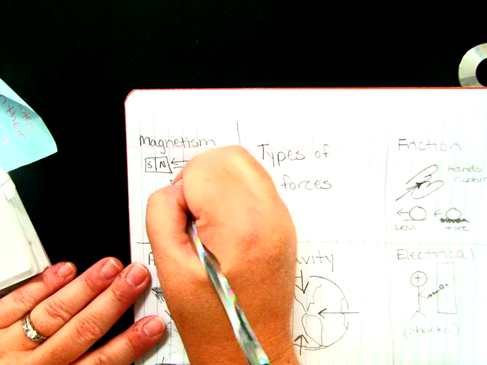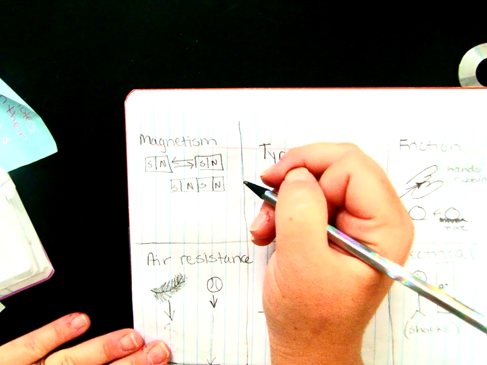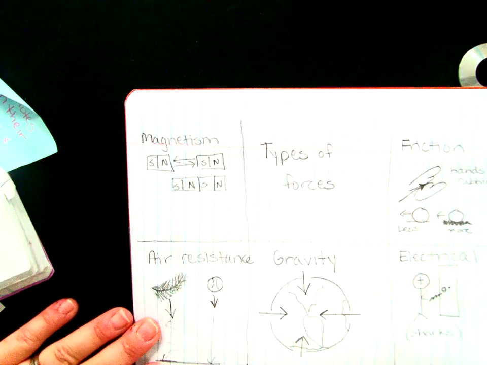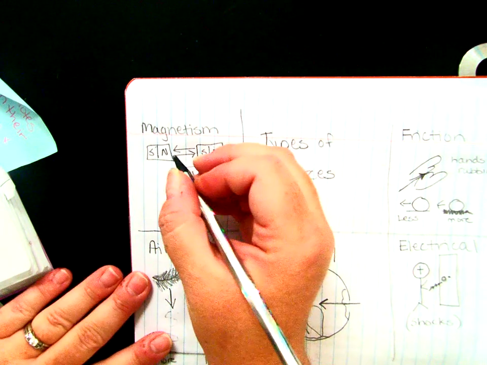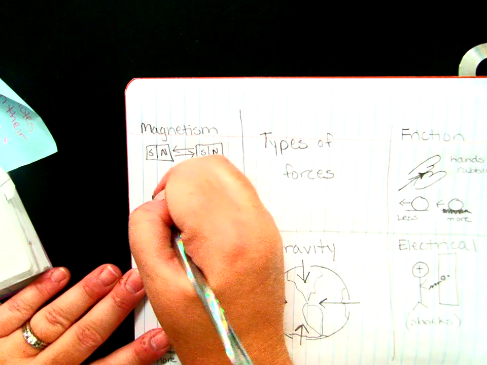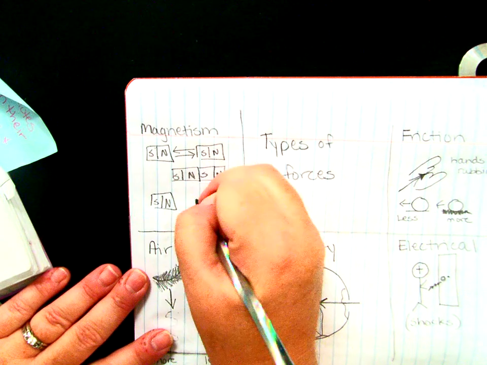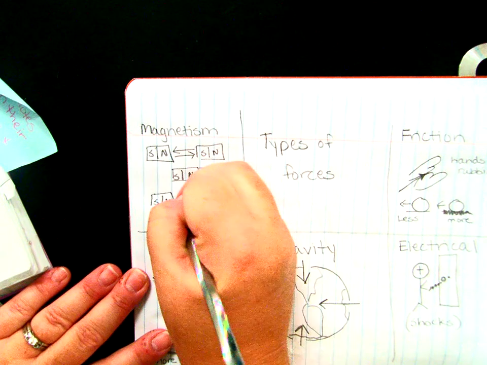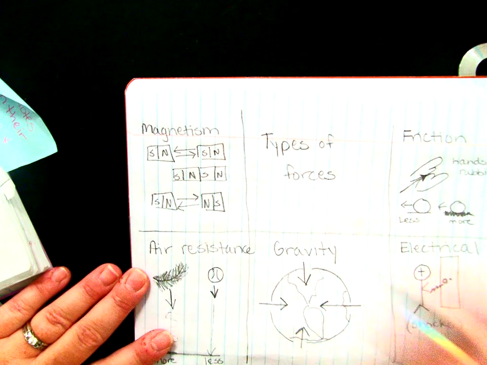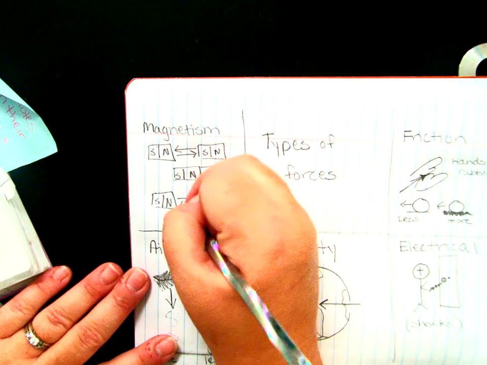Now magnets are going to repel each other when the north side is facing the north side. So north and south again, but we're going to switch this one around, and it's going to be north and south as well. Whenever you're faced with this situation, this is going to repel. So here we're going to attract, and down here we're going to repel.